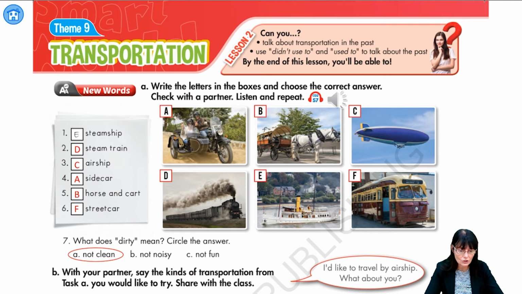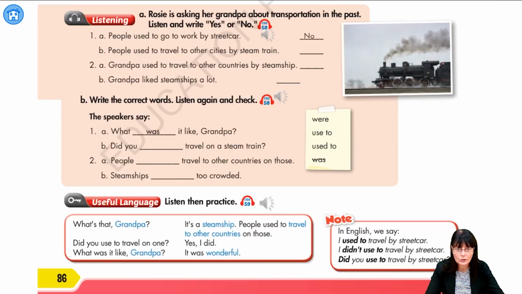What would you like to try? Maybe you'd like to travel by airship. But what about you? So just think about you and what you would like. Okay, so just practice asking your partner or your friend, and just ask and answer, and then just swap roles. And we'll move to the next slide now.